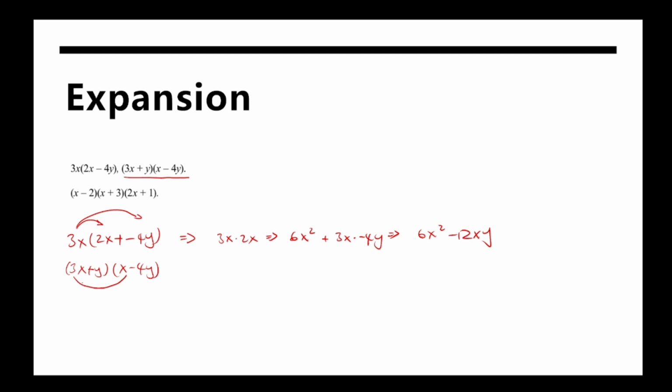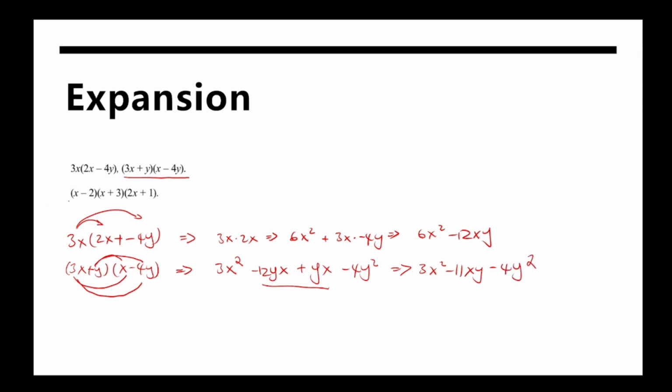You multiply 3x by x, then you multiply 3x by -4y, then you multiply y by x, and y by -4y. 3x times x is 3x squared, 3x times -4y is -12yx, y times x is plus yx, y times -4y is minus 4y squared. Then combining like terms, we get 3x squared minus 11xy minus 4y squared.